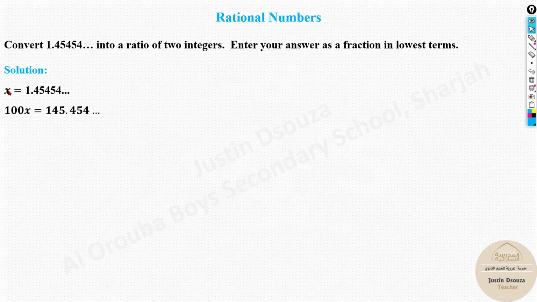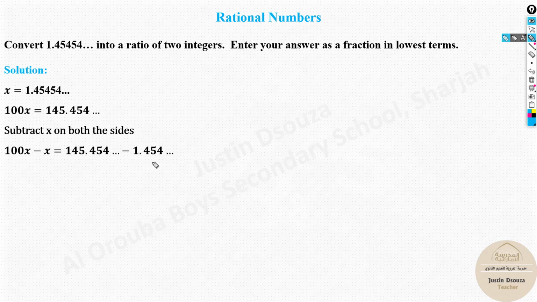Now look closely. Can I minus x over here? If 100x is there, I subtract x on both sides. I'm going to get 99x, and what is the value of x? Subtracting x on both sides gives me 100x minus x equals 145.454 minus 1.454.